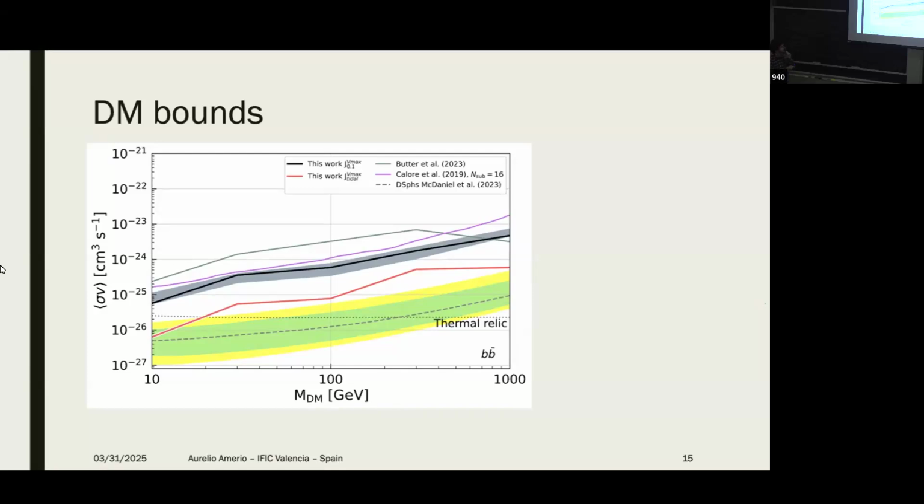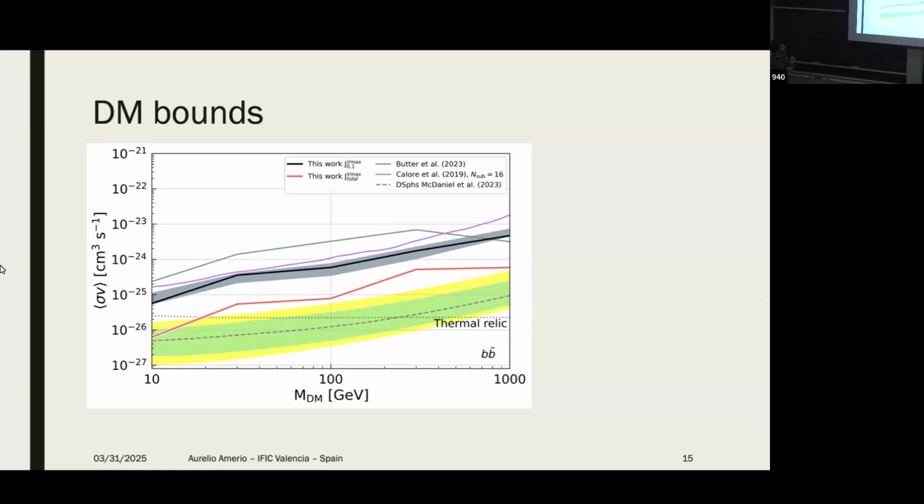Over here are some recent bounds that have been derived using, again, a machine learning approach to classify the dark matter sources. But to my understanding, they don't explicitly take into account the covariate shift, only a potential prior shift. So they should be taken with a grain of salt.